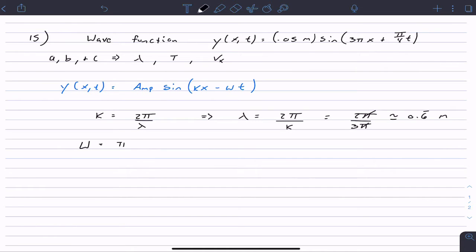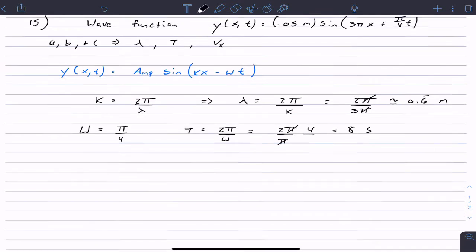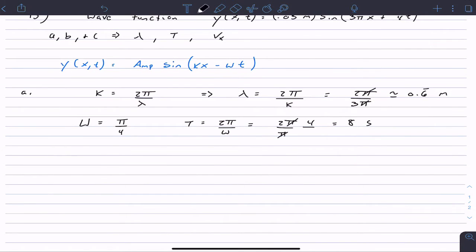Omega is equal to pi over 4 in this situation, which means, well, we also know the relationship that T is equal to 2 pi over omega for an oscillator. So we just plug it in. So 2 pi over pi over 4. Those cancel. That gives you 8 seconds. Okay, so that's part A, that's part B.